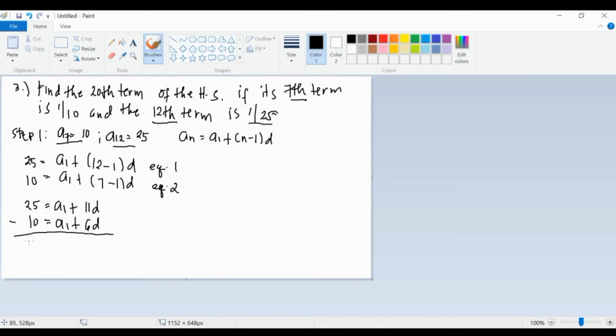So we have 25 minus 10, we have 15. Then a sub 1 minus a sub 1, we have cancel it out. So 11 minus 6, we have 5d. Okay? So divide both by 5 in order to get the d, or the common difference. So we have d is equal to 3. So we have now our common difference 3.